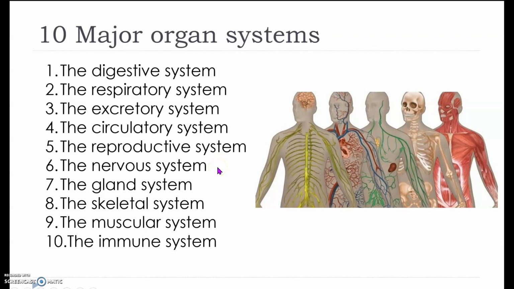Number 6, the nervous system. Number 7, the gland system. Number 8, the skeletal system. Number 9, the muscular system. Number 10, the immune system. Very good.